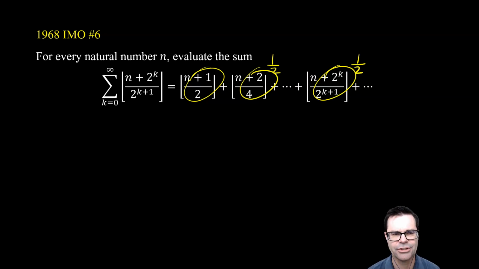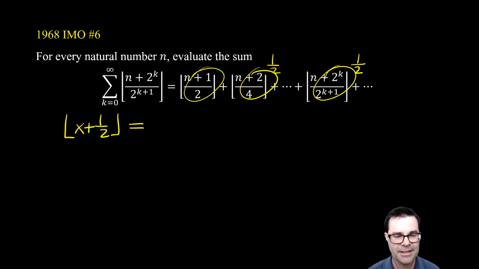So each of these terms is really just the floor of something plus a half. This seems like a very important quantity or function that I should be looking at.